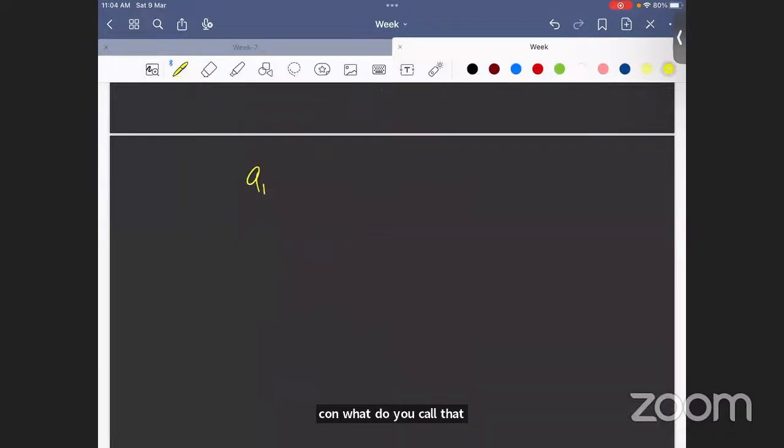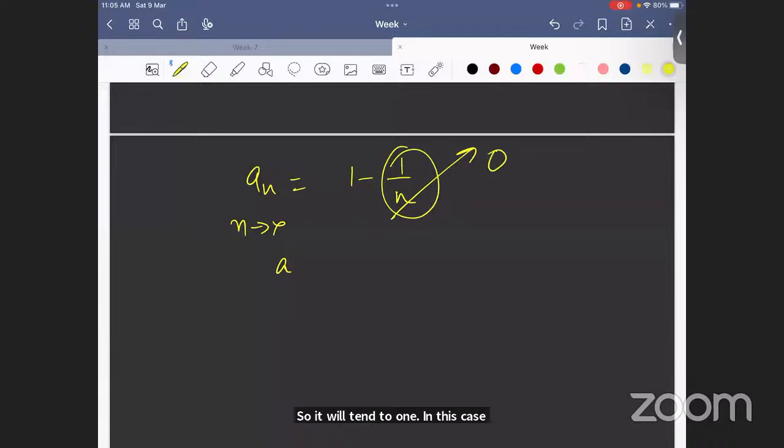Okay, if it converges to some limit, some real value. So if you have a_n equals 1 minus 1 upon n, is it a converging function? If we put in the values as n tends to infinity, will it converge to some particular value, or will you not get any particular value? We will get 1. When 1 by n tends to infinity, it becomes 0, so it will tend to 1 in this case. Correct. You get some exact, real value.